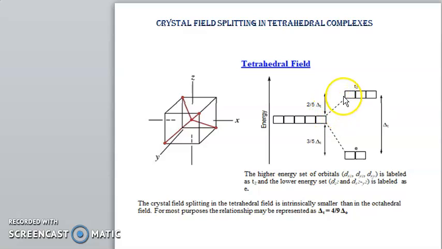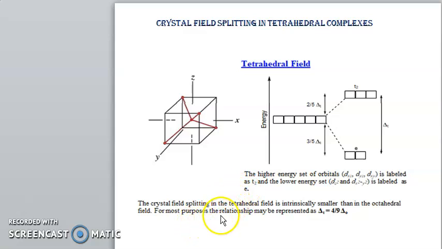From the barycenter, T2 is at 2 by 5 del T, and E is at 3 by 5 del T below. The higher energy set of orbitals, dxz, dyz and dxy, is labeled as T2, and the lower energy set, dz square and dx square minus y square, is labeled as E.